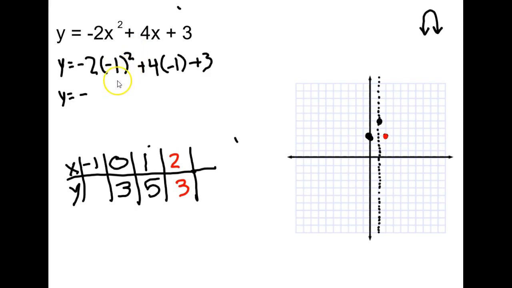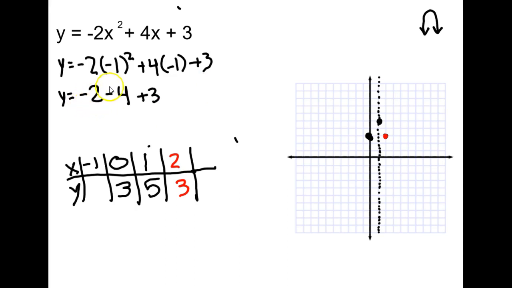We got to remember exponents come first before multiplication. So negative 1 squared means negative 1 times negative 1. Negative 1 squared is just 1. So we get 1 times negative 2, which comes out to still be negative 2. 4 times negative 1 is negative 4. And then still plus 3 at the end.